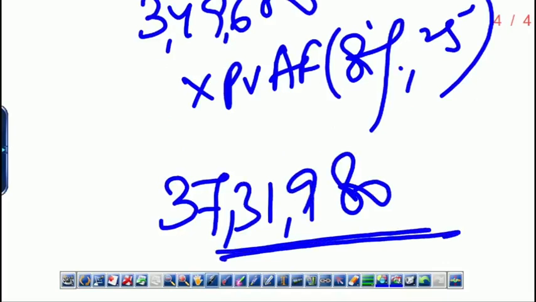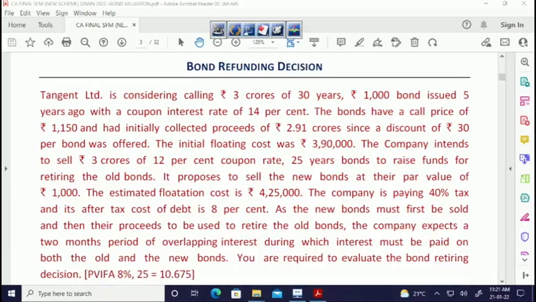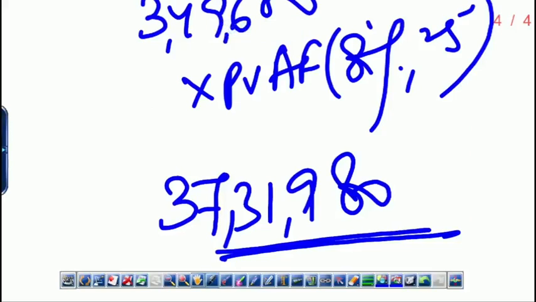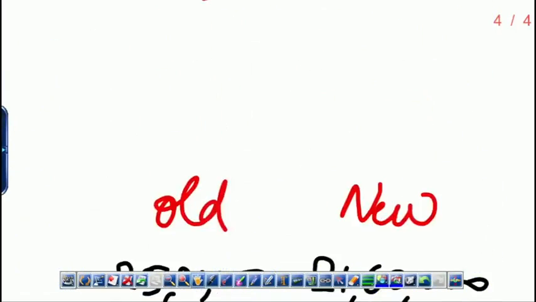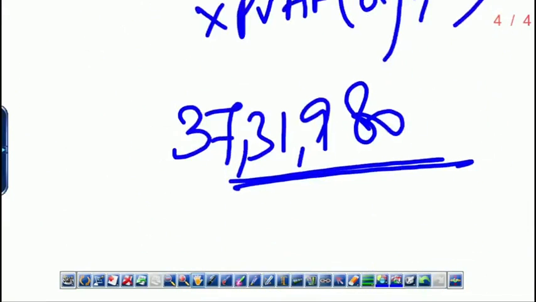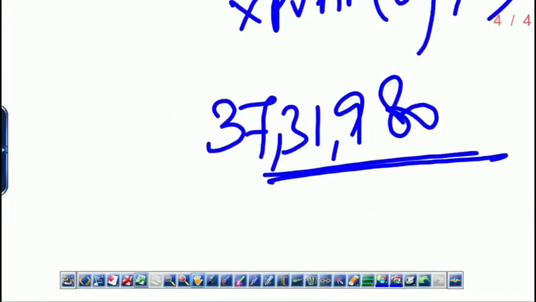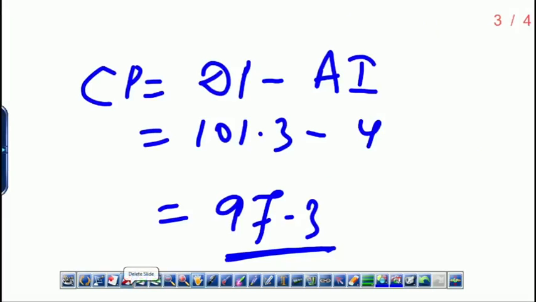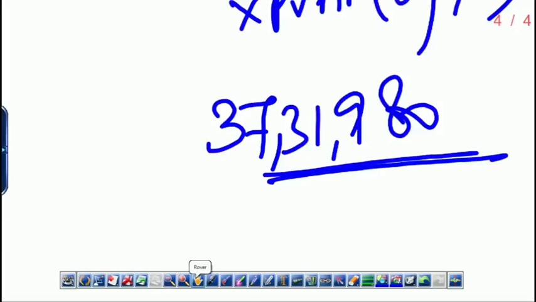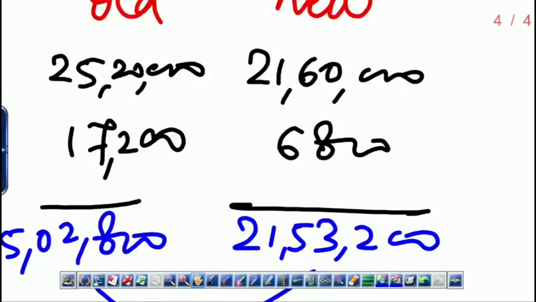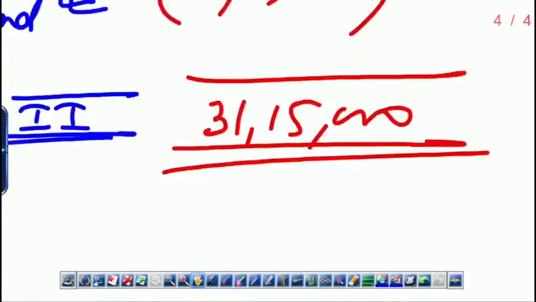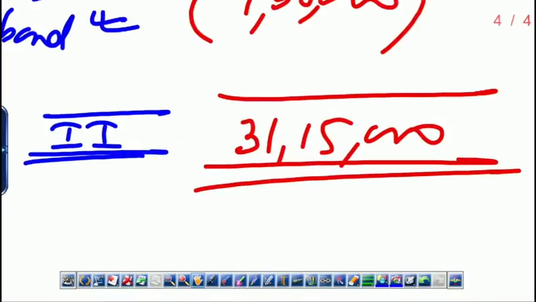So NPV is 37 lakh 31,980 minus what was the initial investment? Initial was minus 31 lakh 15,000.